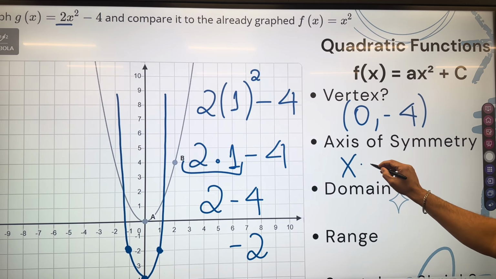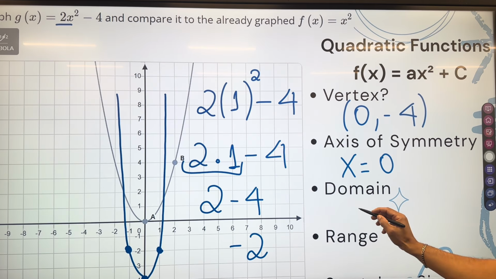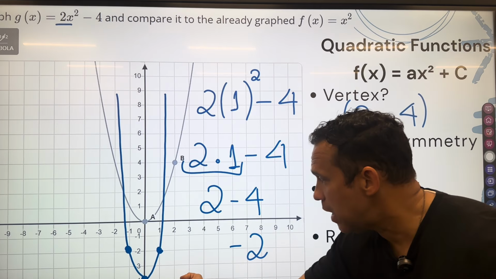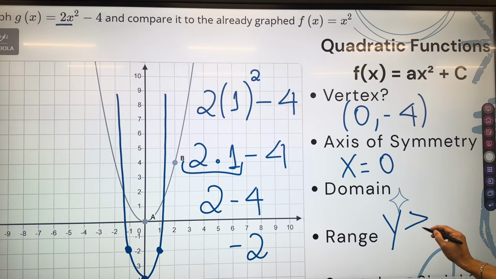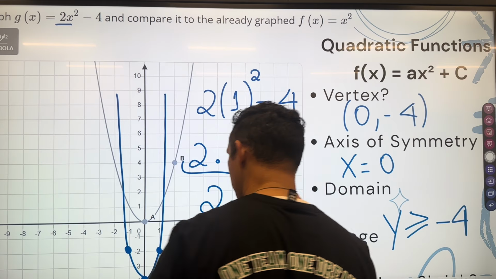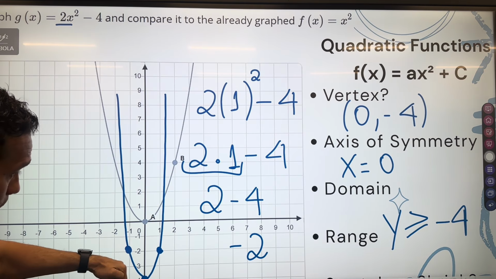The axis of symmetry is still 0 because I didn't go right or left. Domain, all real numbers. The range, any number greater than or equal to negative 4. What happened here was a vertical translation 4 units down.